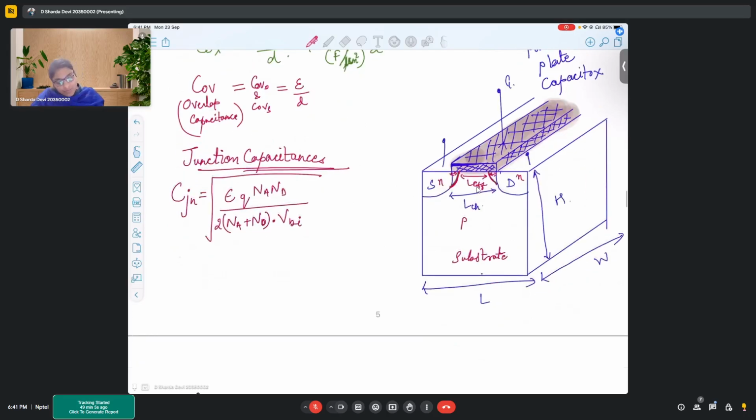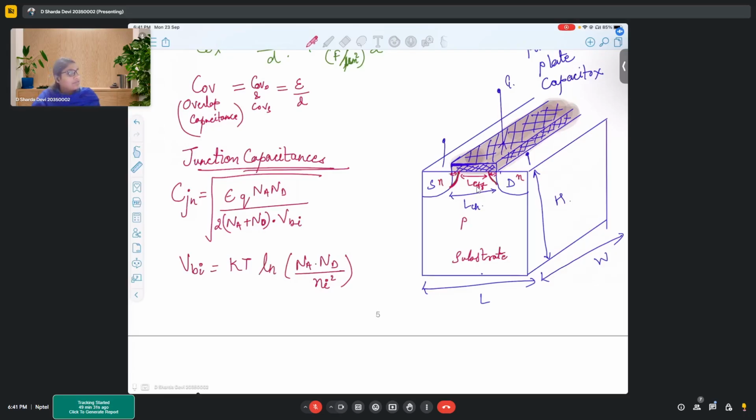And when we talk about VBI, how do we find VBI? So we find VBI by kT ln of Na Nd upon ni square. So this is how we find the VBI of a given junction.